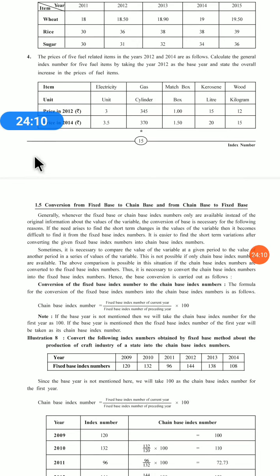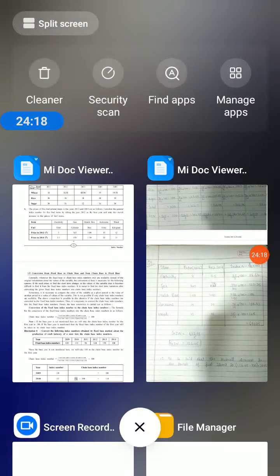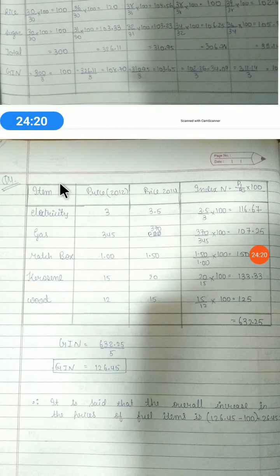Okay, now we can easily compute this sum. So how do we complete the sum? First, make a column of items: electricity, gas, matchbox, kerosene and wood. Then the price for the year 2012 and the price for 2014 is given. And in the question they told us to take 2012 as the base year.